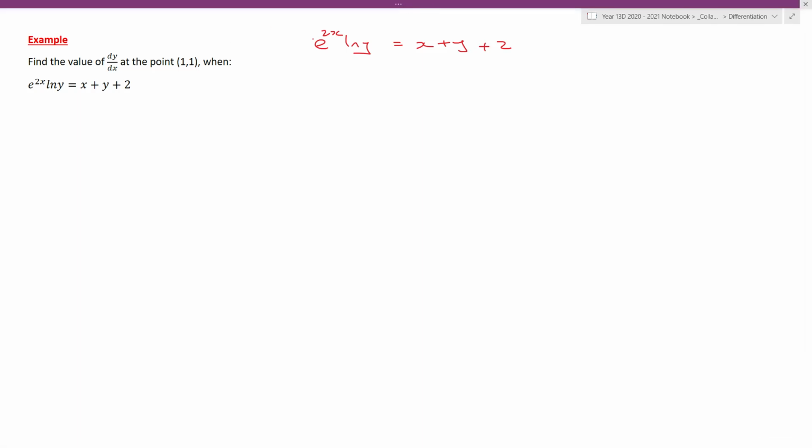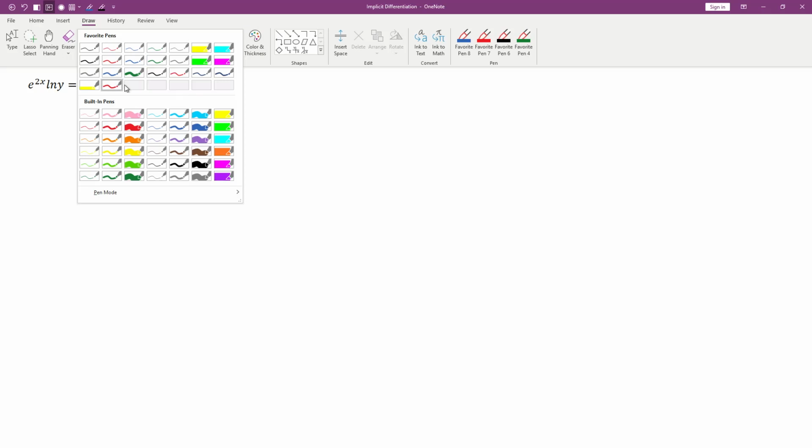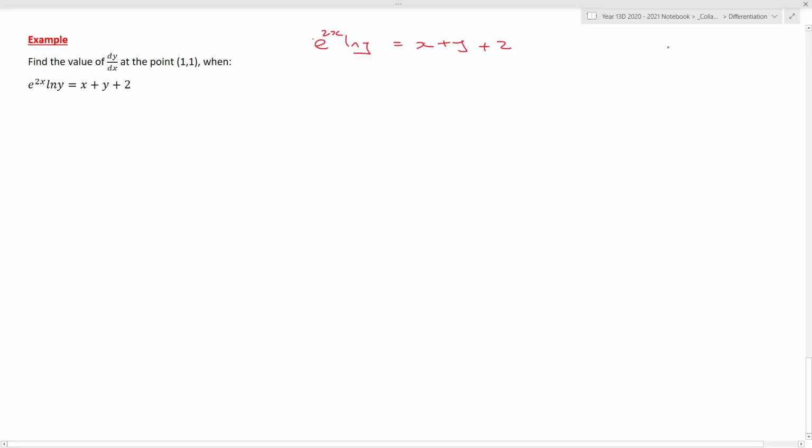I'm just going to switch to a blue pen to write on the side here. The product rule, dy by dx, is given by u dv over dx plus v du by dx.